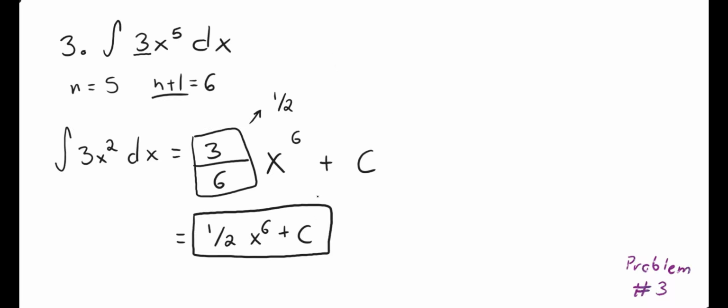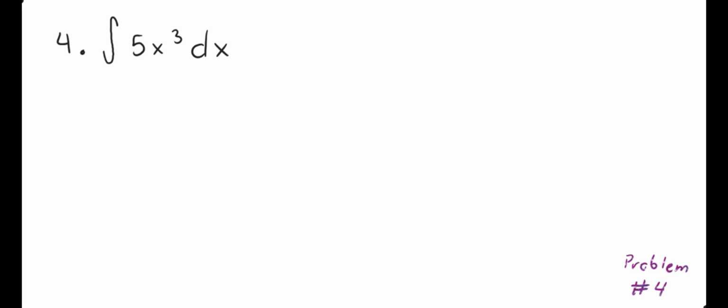We're going to do another problem. Okay, so this is our last easy problem. So let's get to it. As you know, we gotta leave alone the 5. Our 3 happens to be our n. So let's do that. Plus the plus 1, which equals 4.